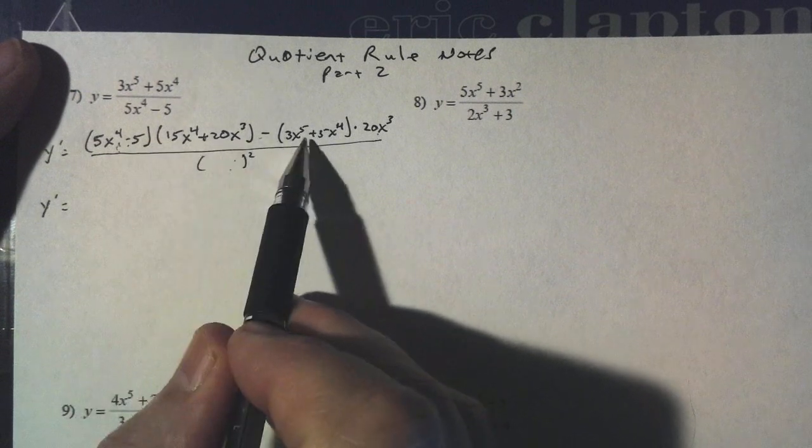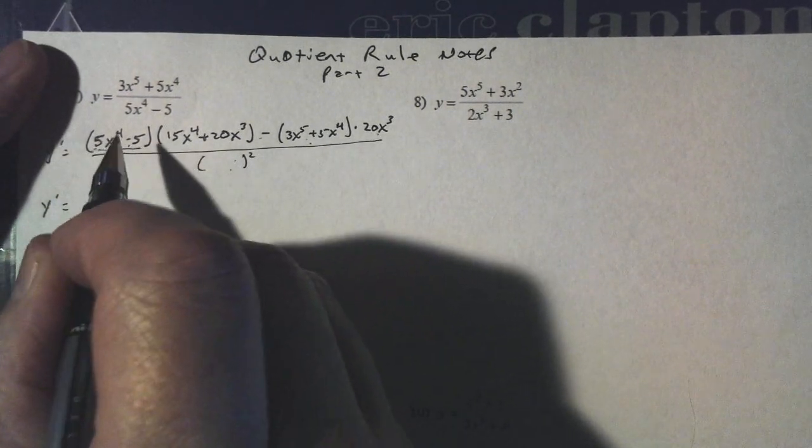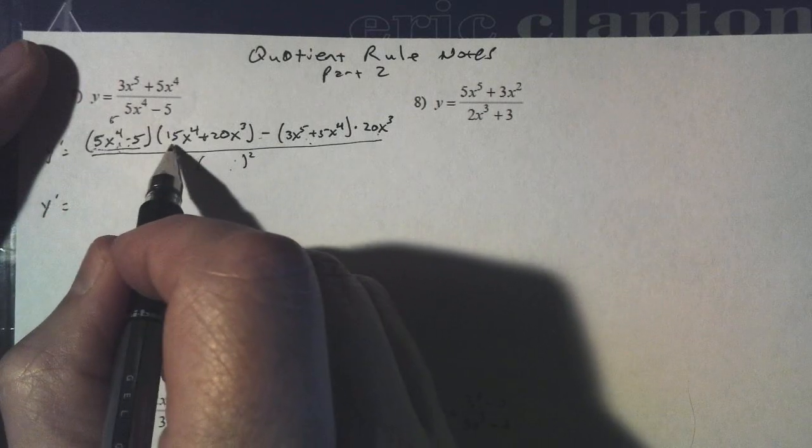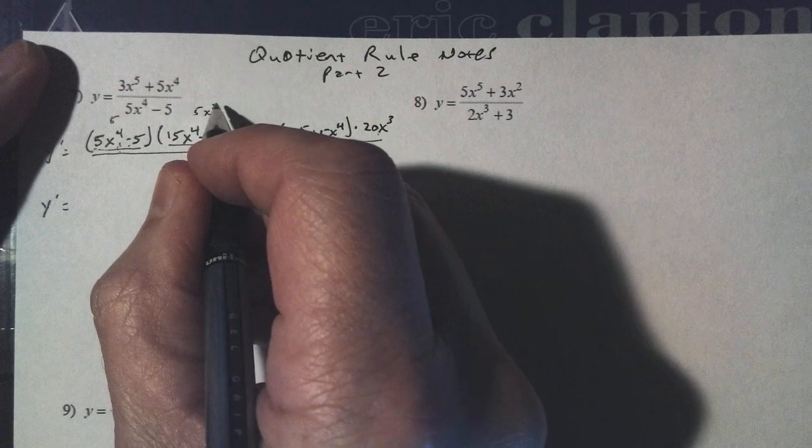And there are no exactly common factors, but I do notice out of this, I can take out a 5. Out of this, I can take out a 5 and an x to the third.